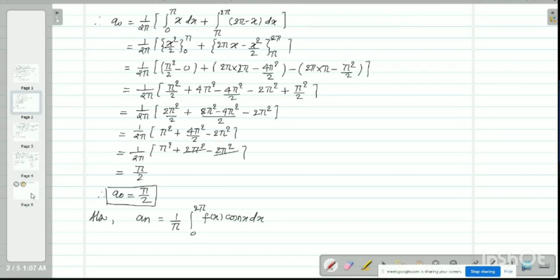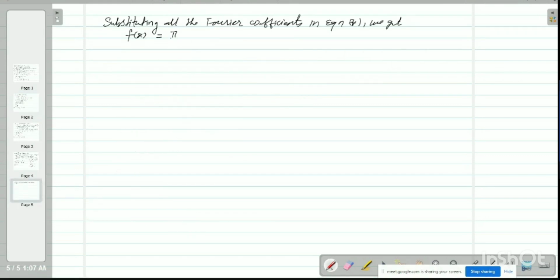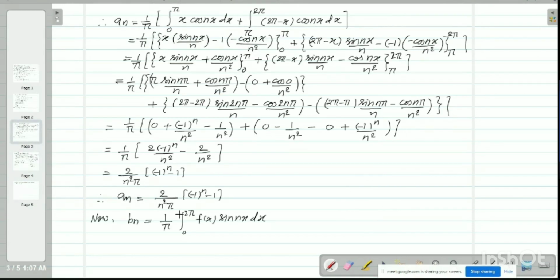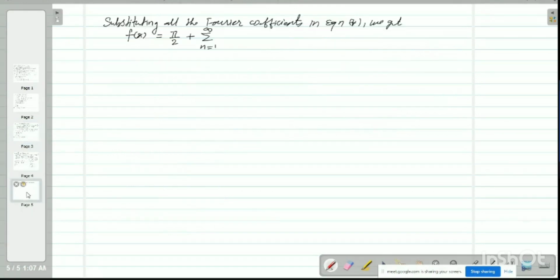Pi by 2. So a naught is pi by 2, plus summation from n equal to 1 to infinity of an. How much did we find an? 2 by n square pi in bracket -1 raised to n minus 1, cos n x.